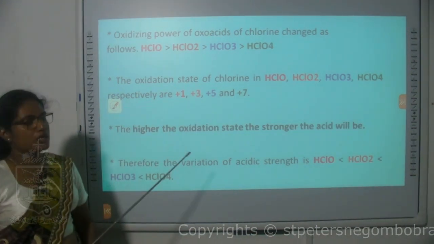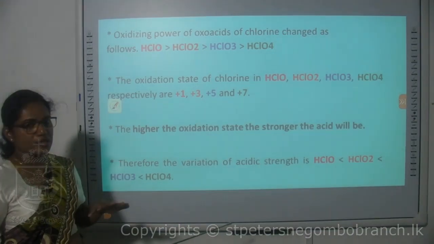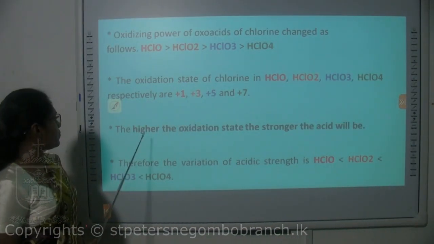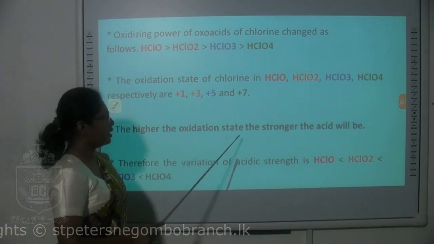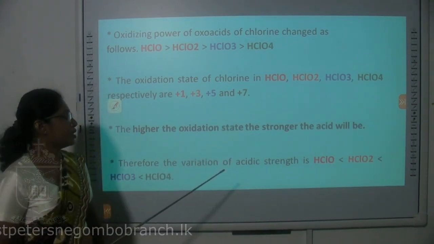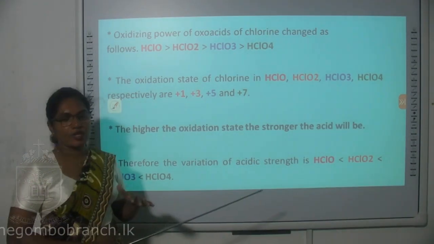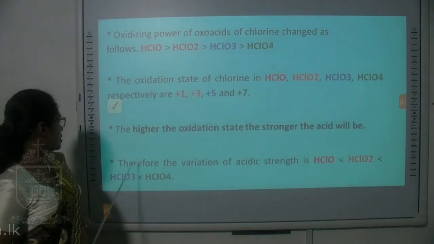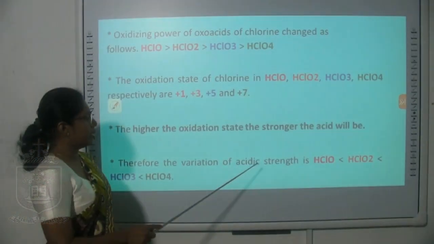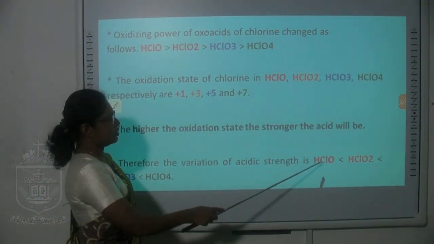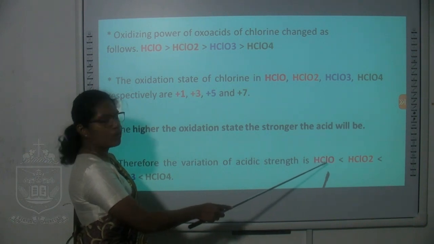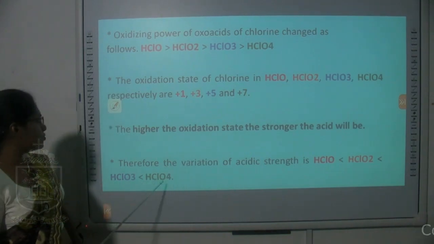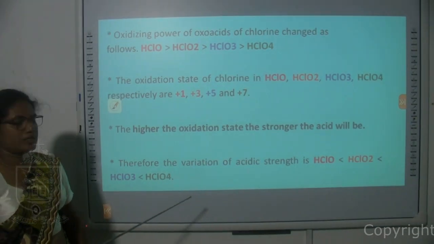When we consider the acidic nature of these oxo acids, we can see the higher oxidation state gives the stronger acid. That means the variation of acidic strength is like this. HClO shows the lowest acidic strength and HClO4 shows the highest acidic strength.